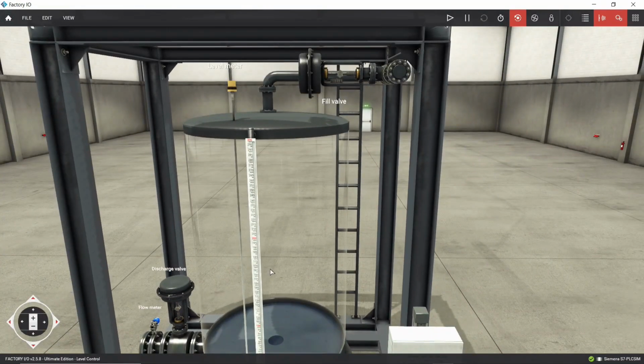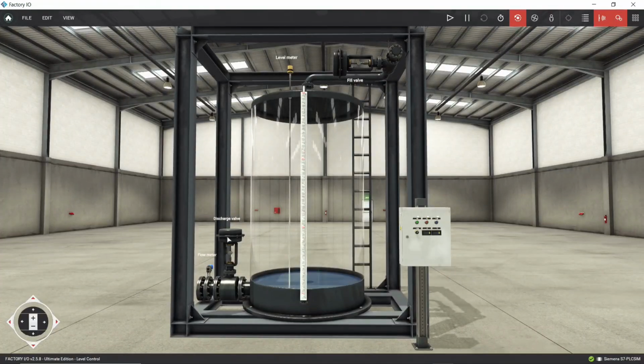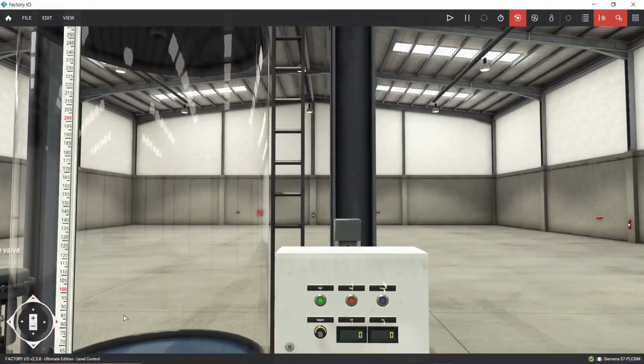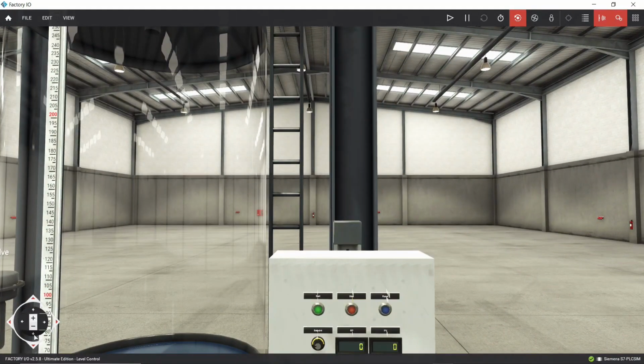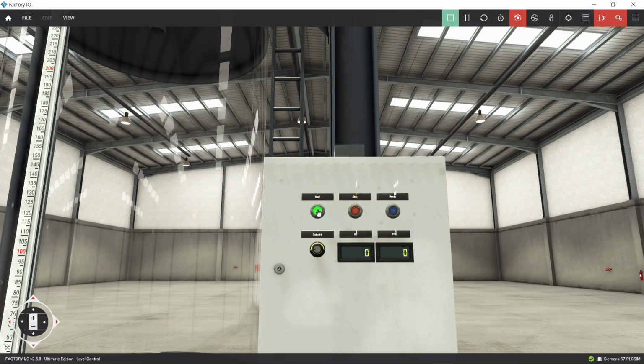And there is a discharge valve to discharge the water, and the flow meter to measure the flow of the water. And there is a control section where we can start, stop, give the set point and see the process value. Our main goal is to match this set point and process value.